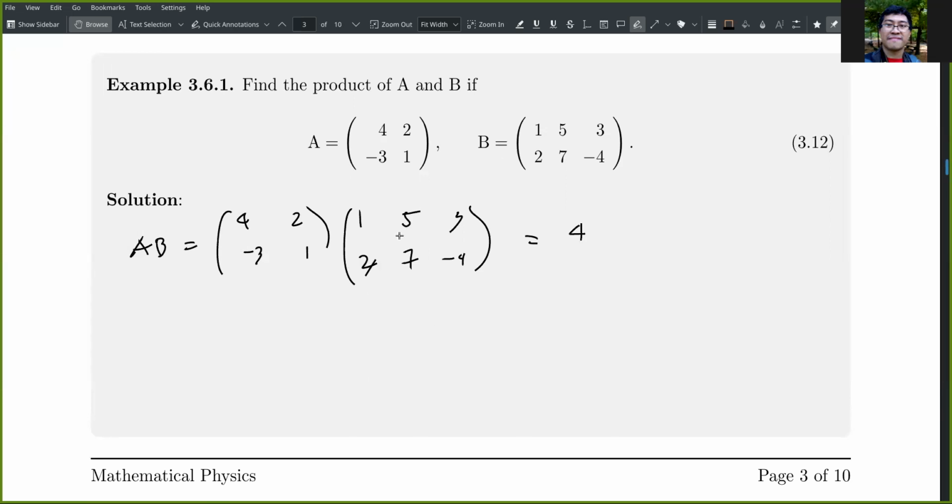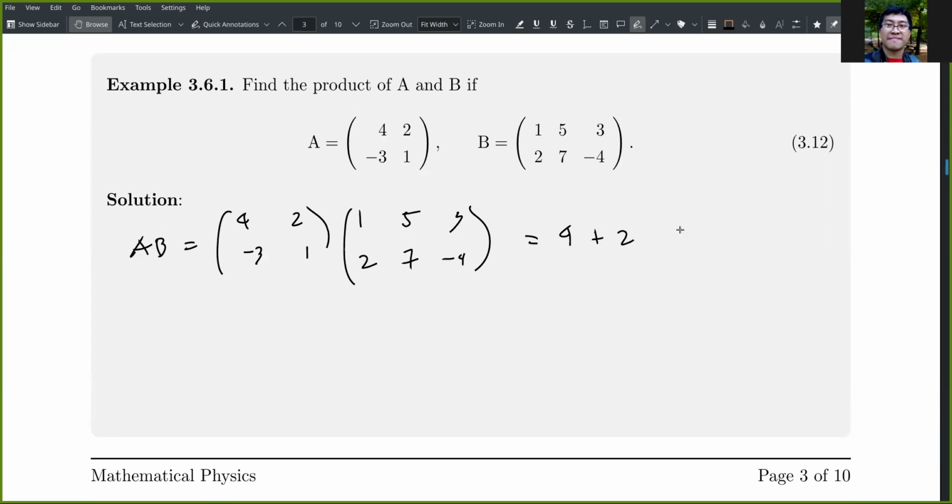This one is 2. 4 plus 2. Or you can proceed with the second column here.